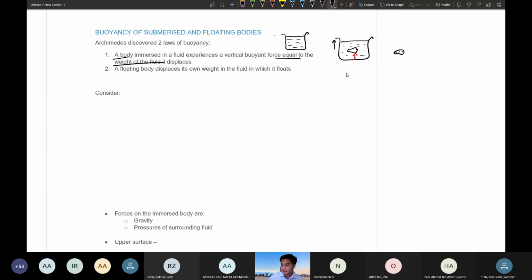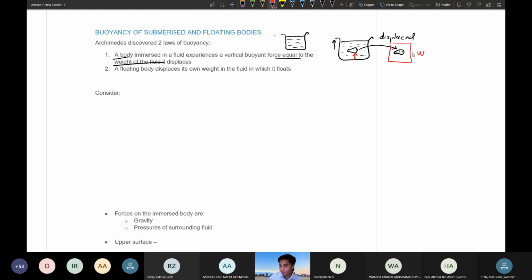You guys understand? Displace, replace. Okay. So for example, this is a rock. This rock displaces this portion of fluid, and you can see this is the portion. This displaced fluid has weight, right, everyone?